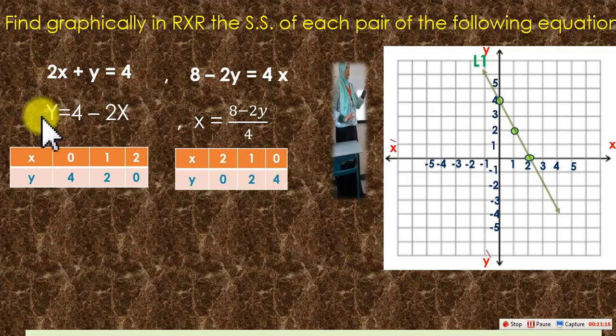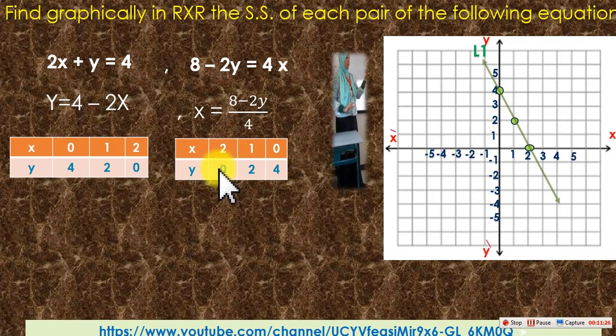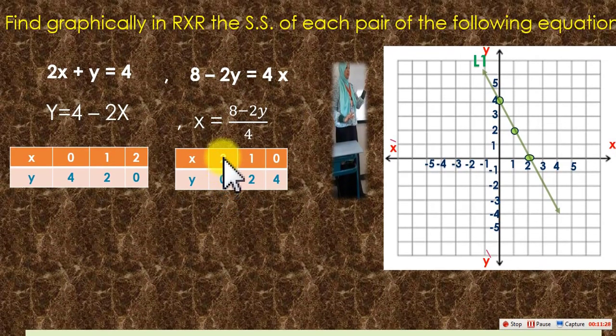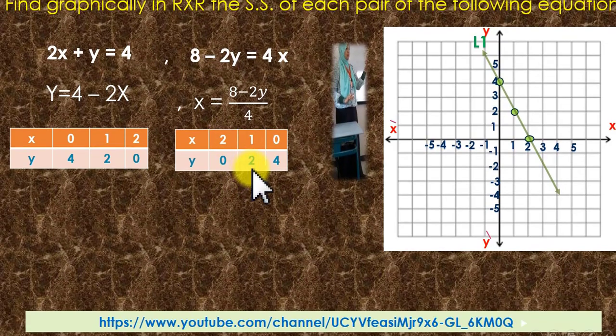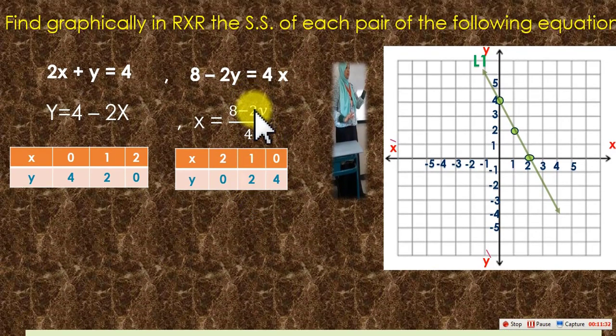The second table: as y equals 0, x equals 8 minus 0 over 4. 8 divided by 4 equals 2. So as y equals 0, x equals 2. As y equals 2, 2 times 2 is 4, so x equals 8 minus 4 over 4. 8 minus 4 equals 4, divided by 4 equals 1.